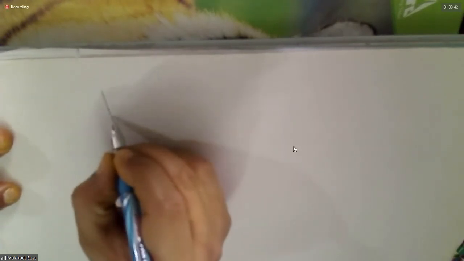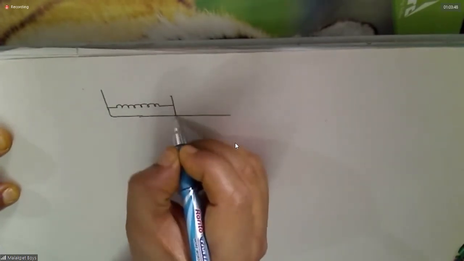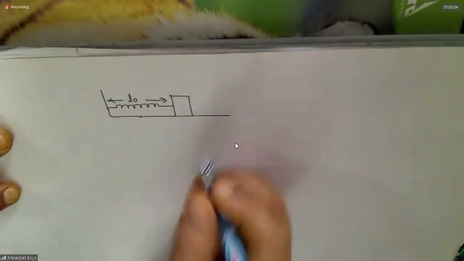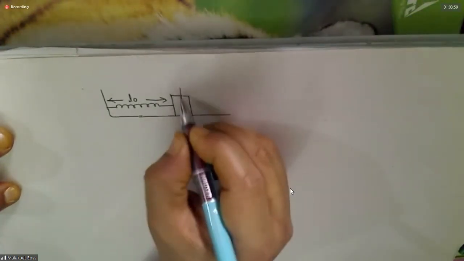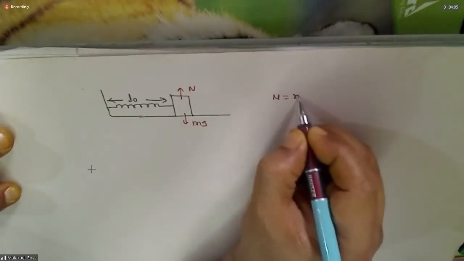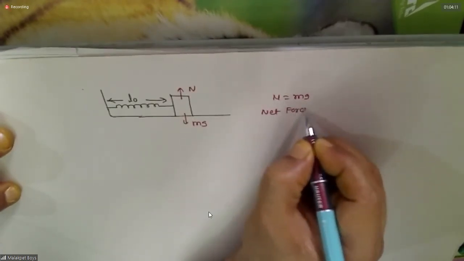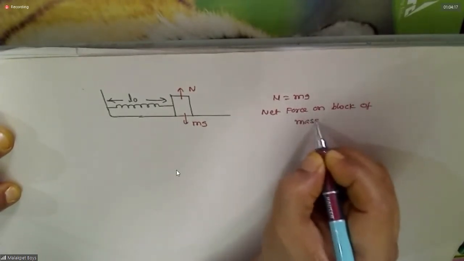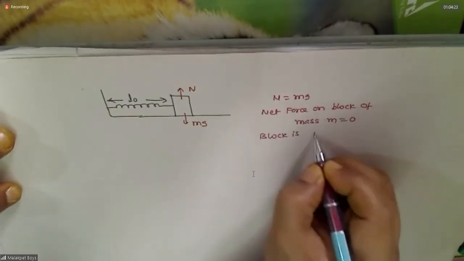Suppose we are having a spring block system. Now the spring is at its natural length. So what is the spring force? 0. So spring force is 0. Normal reaction is mg, so all forces balance. So the block is in equilibrium.